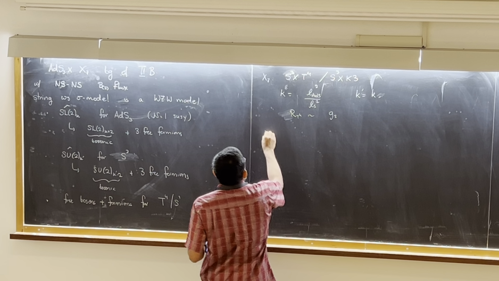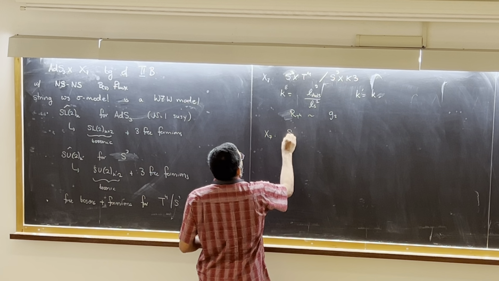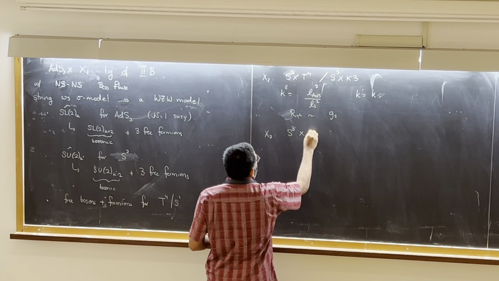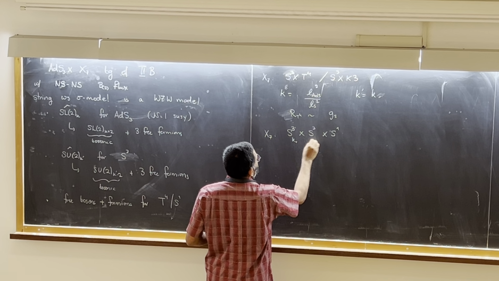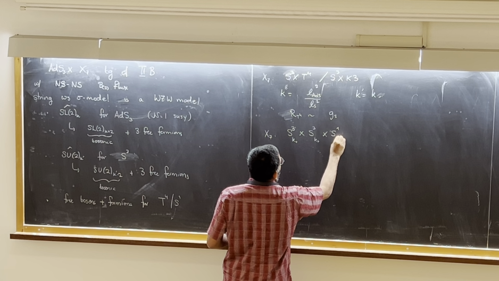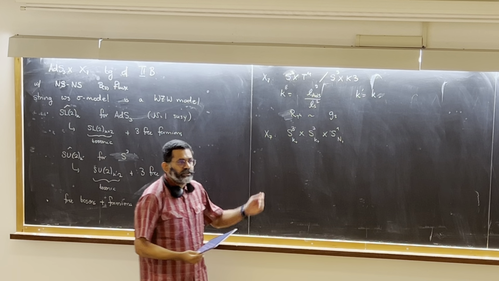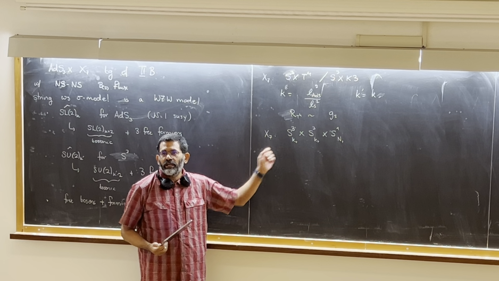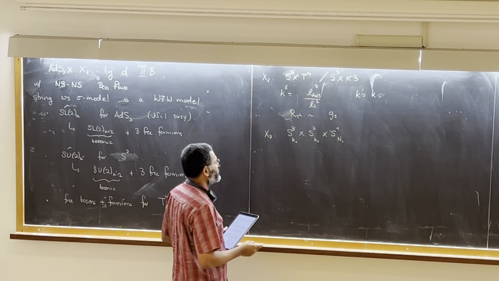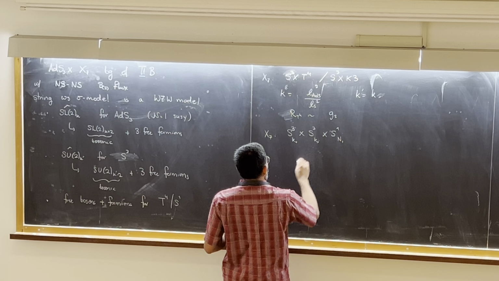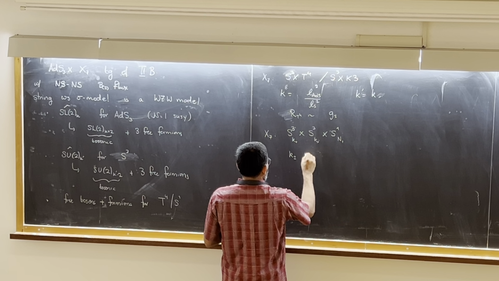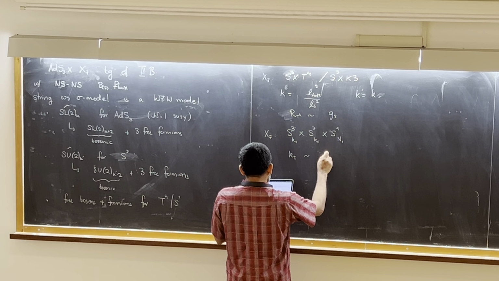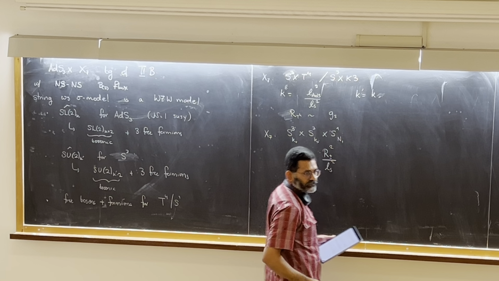If I take X7 to be S3 times S3 times S1, now I will use parameters K plus and K minus for them. These three spheres don't have to be of the same radii, they can be of different radii, and K plus and K minus are related to the radius of these spheres in string units.